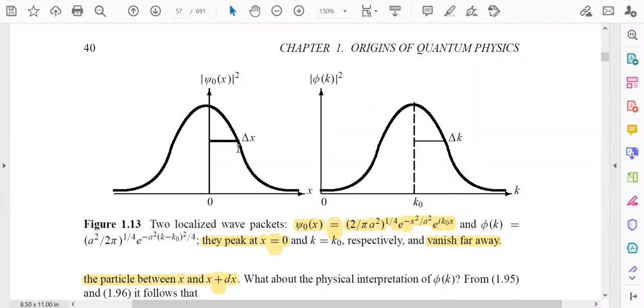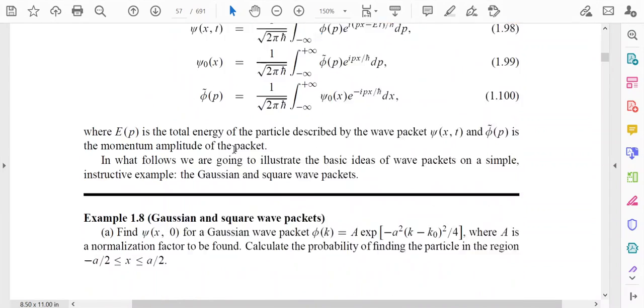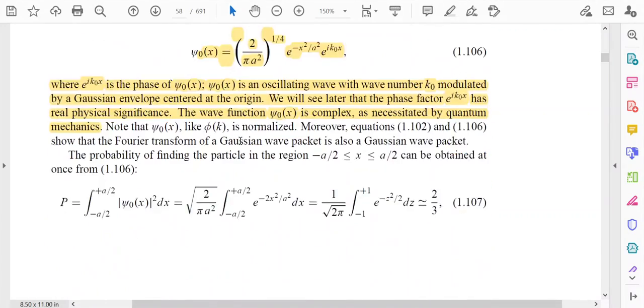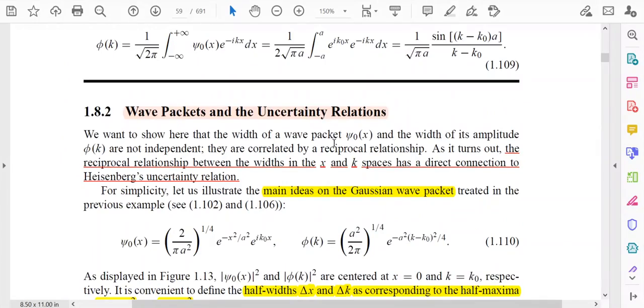This is delta k and this is delta x, and we are saying that delta x and delta k are correlated, and the reciprocal relationship between the widths in the x and k spaces has a direct connection to Heisenberg's uncertainty relation. We will show that the relationship between delta x and delta k is reciprocal in nature. We will show this by using the equations which we have already used earlier.